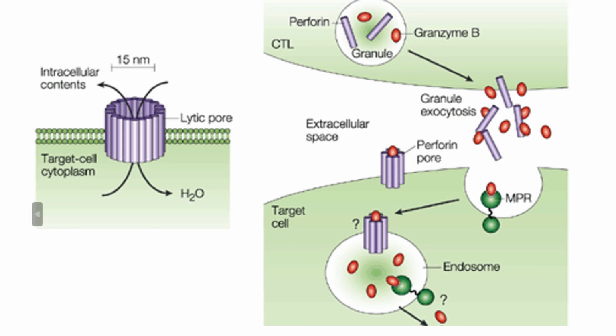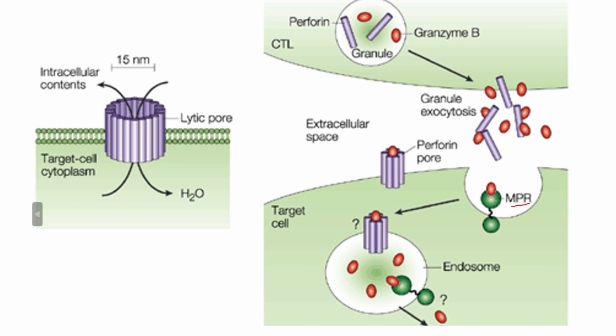Now, granzyme B. Although granzyme B was once thought to enter the target cell through the surface perforin pore, it is now thought to enter via an endocytic process. Many target cells have a molecule known as mannose 6-phosphate, with a mannose 6-phosphate receptor on the surface.